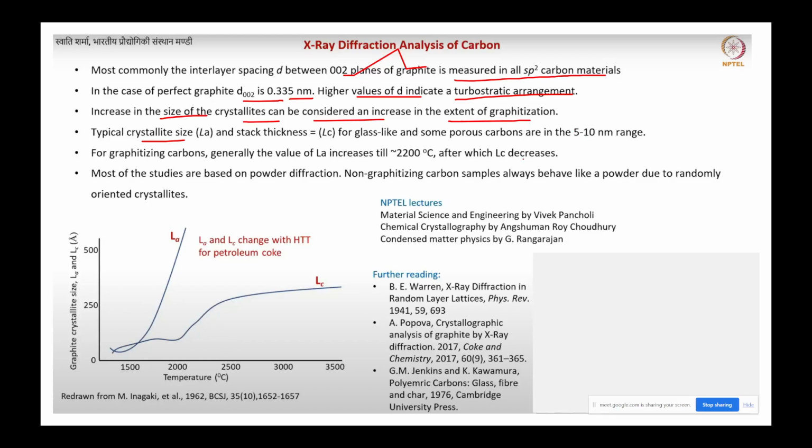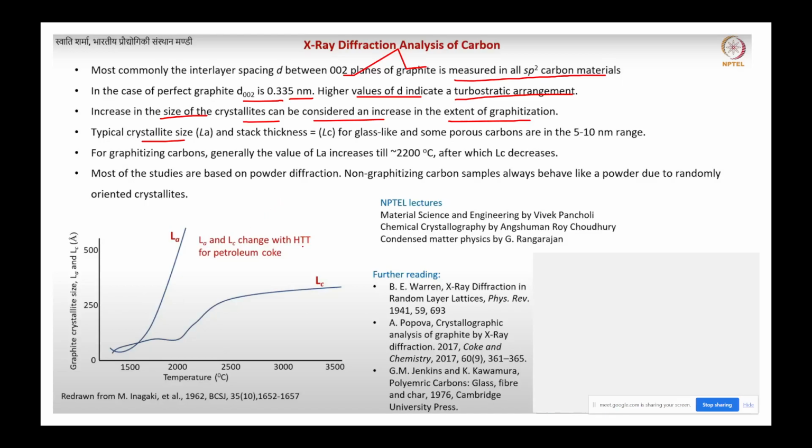Here in this plot you can see that when you increase the temperature, La keeps on increasing till 2200, after which Lc decreases, I mean, it is getting saturated. Most of the studies are based on powder diffraction. Non-graphitizing carbon samples always behave like a powder due to randomly oriented crystallites.